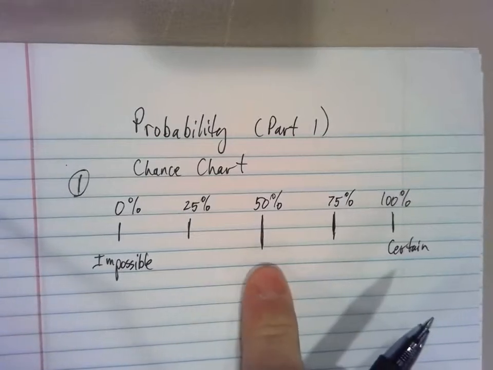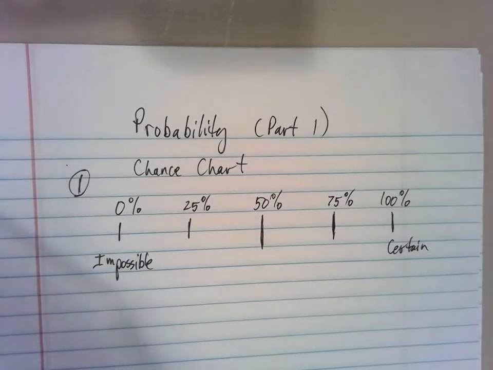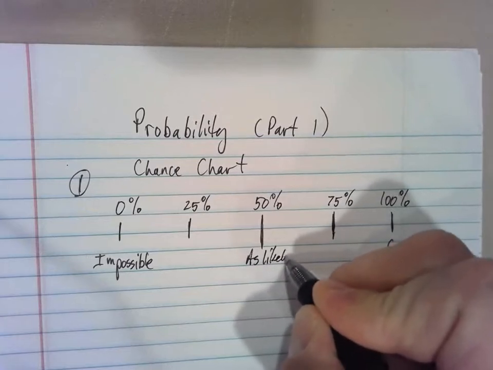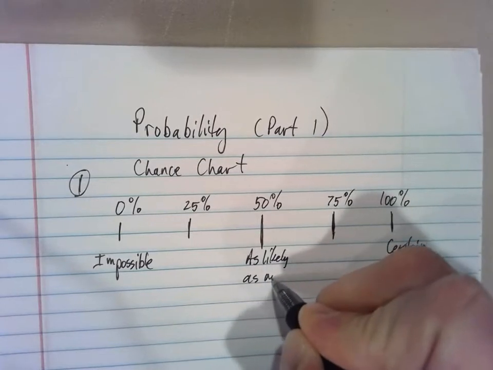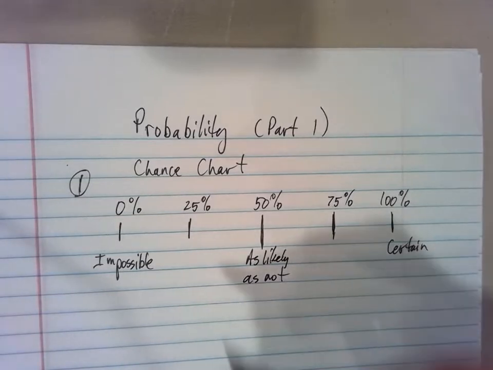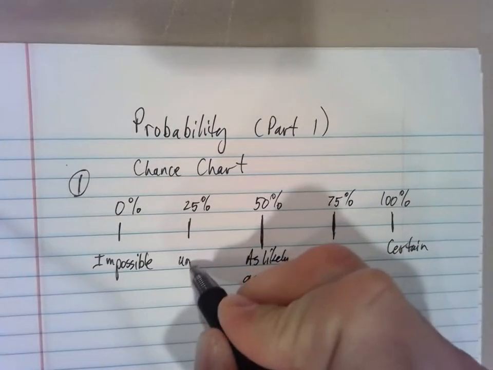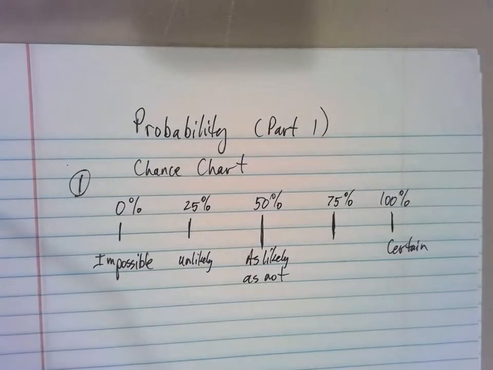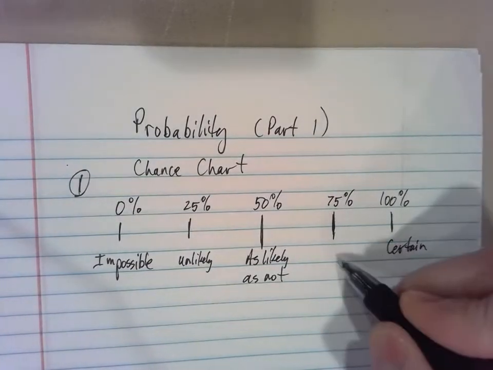If it's in the middle, 50-50, it's called as likely as not. Then if you're at the 25% mark, that's known as unlikely. And 75%, of course, would be likely.